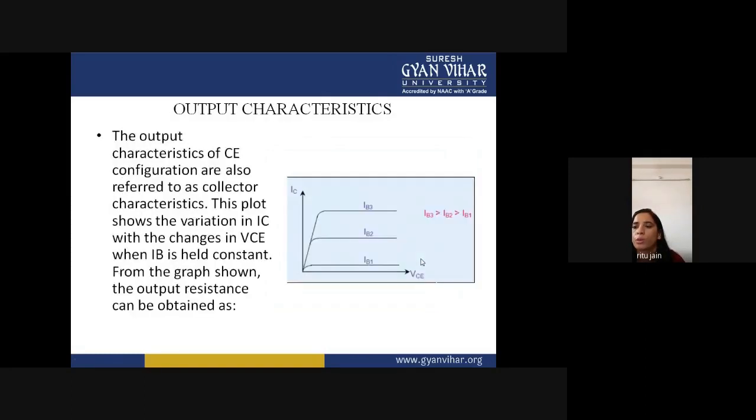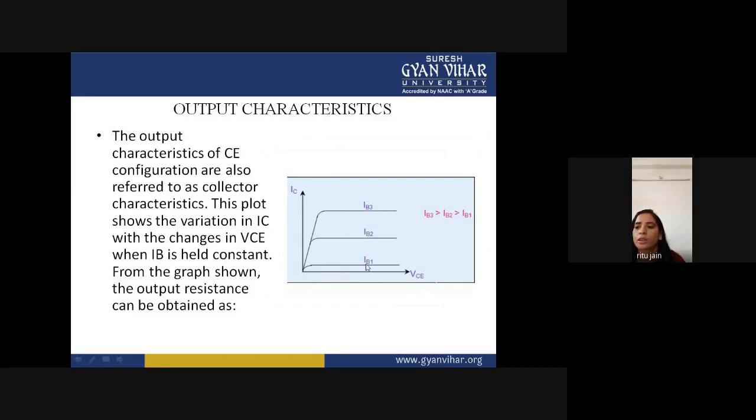You can see here that in the output characteristic, your output current is IC, which is your collector current, and output voltage is your VCE, the collector-emitter voltage. And you have to keep the input current constant.